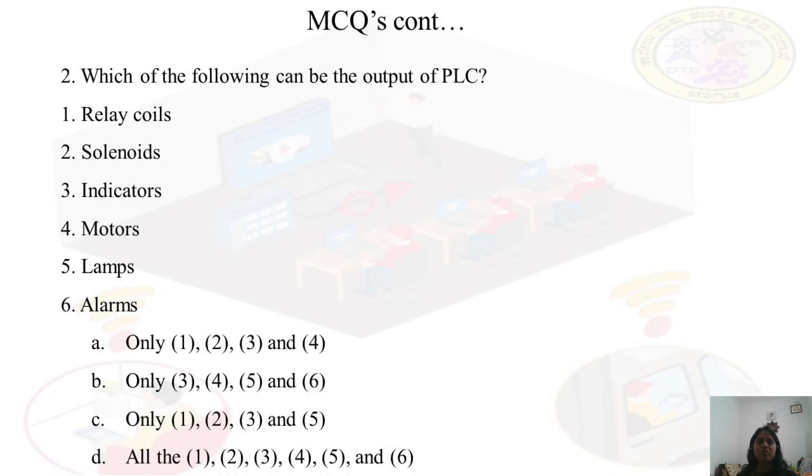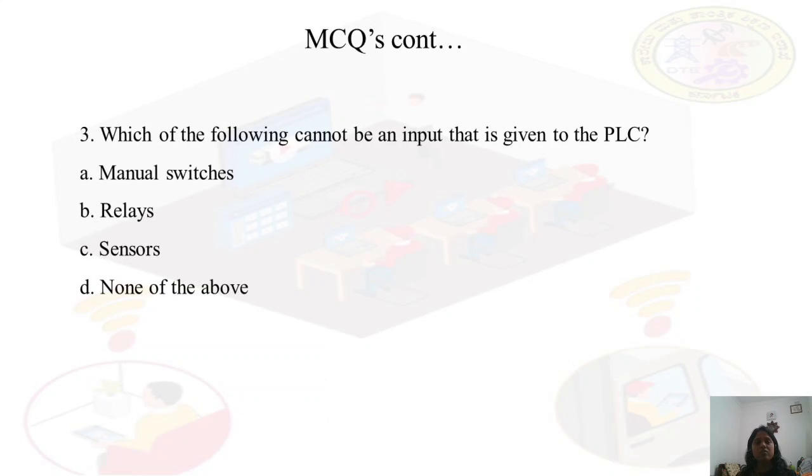Next question. Which of the following can be the output of the PLC? Relay coils, solenoids, indicators, motors, lamps and alarms. If you observe the options, all the options are outputs of the PLC. So the answer is D. Next: which of the following cannot be an input that is given to the PLC?